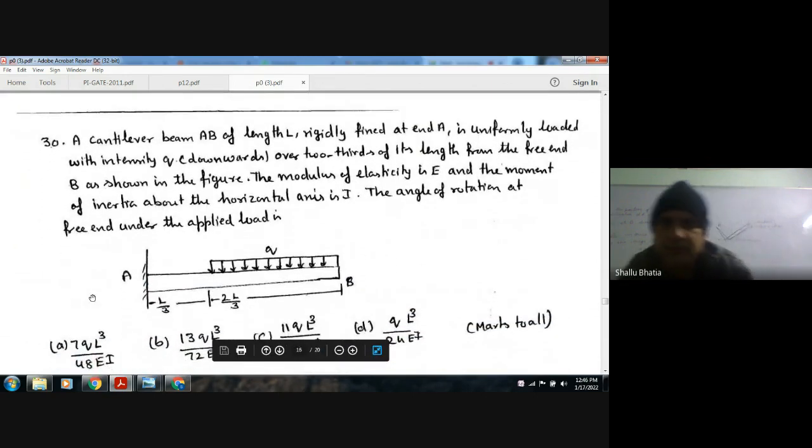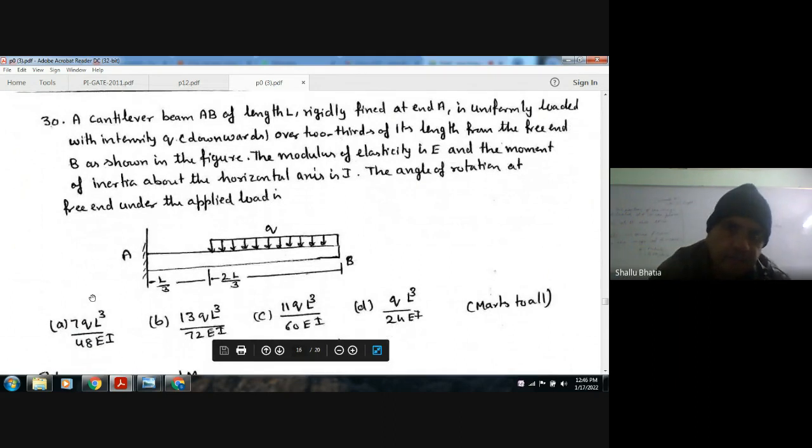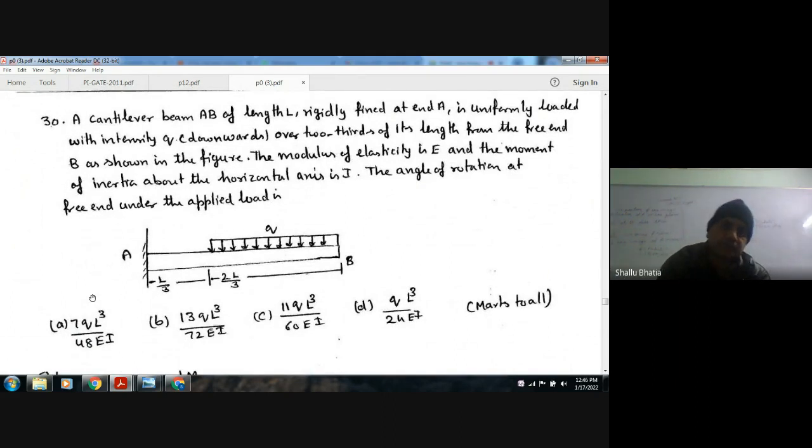A cantilever beam of length L, rigidly fixed at A, is uniformly loaded with intensity Q downward over two-thirds of its length from the free end B, as shown in the figure.